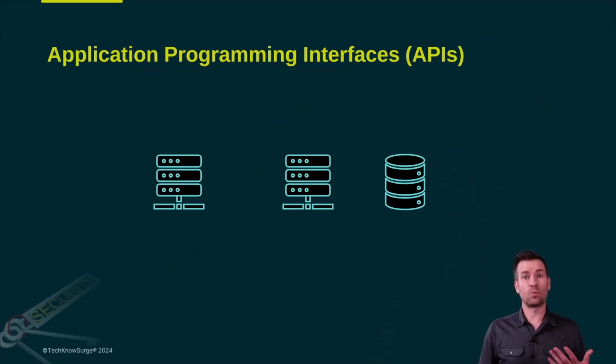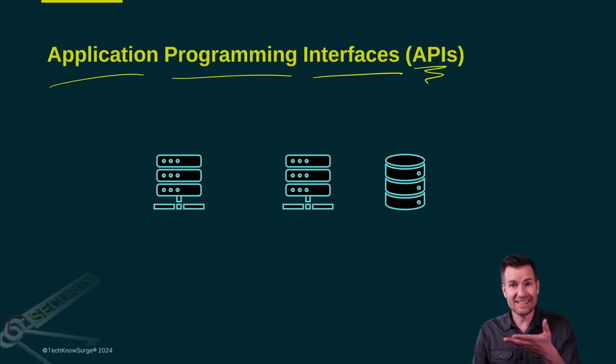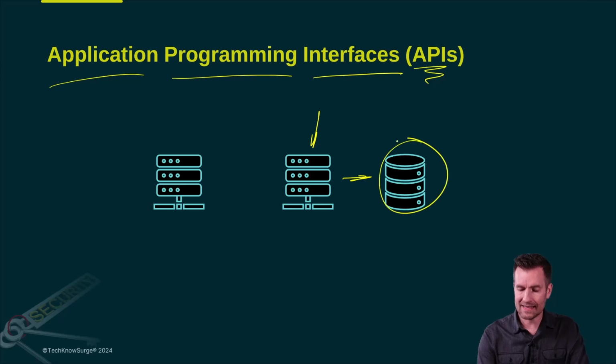One thing that helps us with automation is something called APIs, or Application Programming Interfaces. APIs allow us to communicate between different systems that might not be very related to each other. Let's give a couple examples here. Let's say we have a server right here, and it needs to communicate with a database.